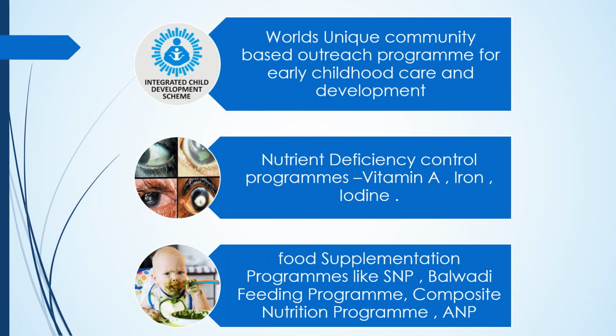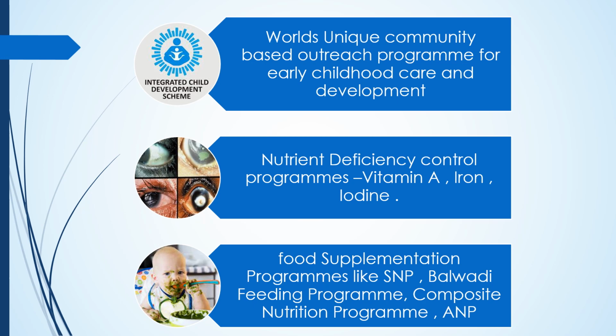If we categorize the different policies into nutritional programs, they may be based on different categories. We have the world's unique community-based outreach program for early childhood care and development, which is ICDS, the Integrated Child Development Scheme.